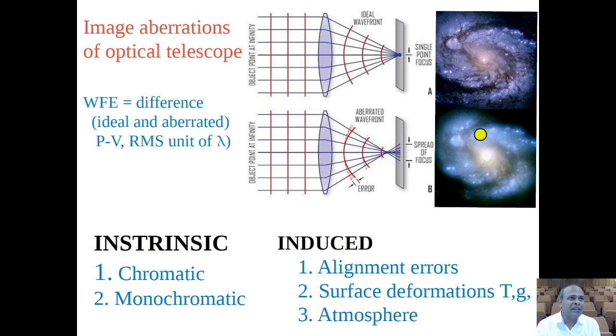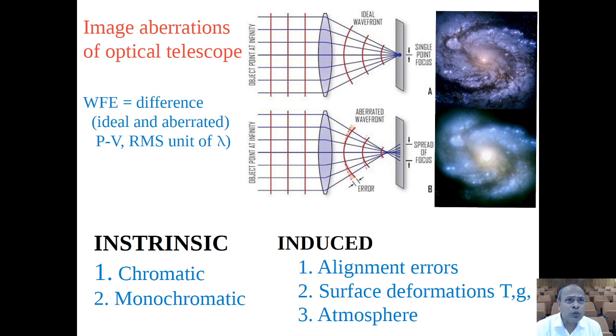You can compare this image; it is a little out of focus and not as sharp as the top one. This is what we call wavefront error, the difference between the ideal wavefront and the aberrated wavefront. There are two notations we use: peak to valley and RMS, root mean square wavefront error, and we measure this in units of lambda, that is wavelength.